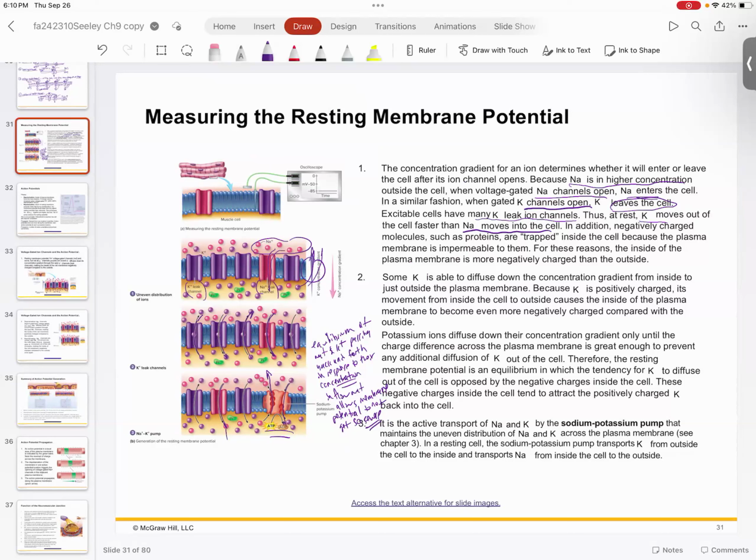And what these leak channels do is allow sodium to come back in passively, and thereby it manages to keep the buildup of charge limited on the outside so that you're not going to statically shock yourself to death. Okay. You don't want to indefinitely build up charge. And this maintains your equilibrium.